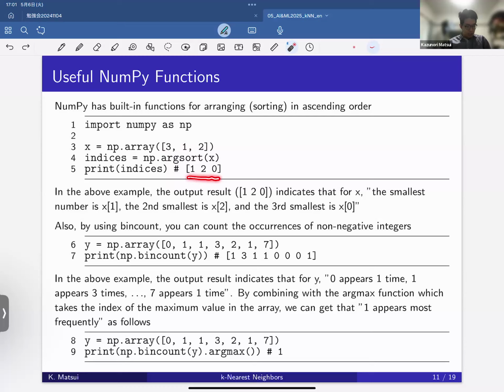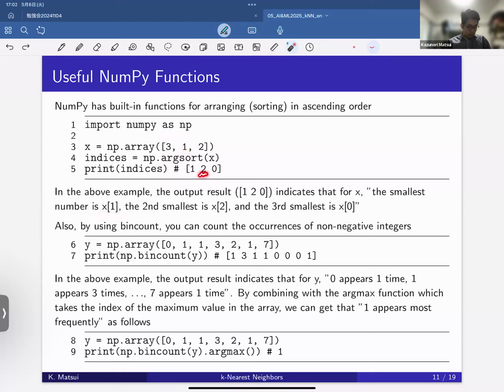What this means is the smallest number is at position 1. So x1 is the smallest. Indeed, this is index 0 and index 1, so this is x1, which is indeed 1.